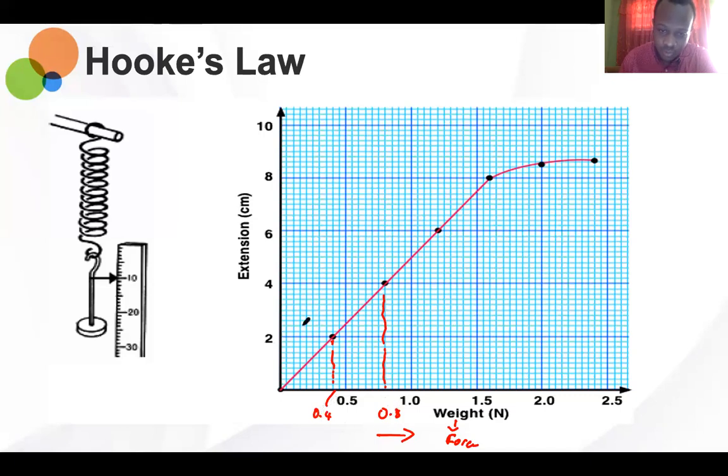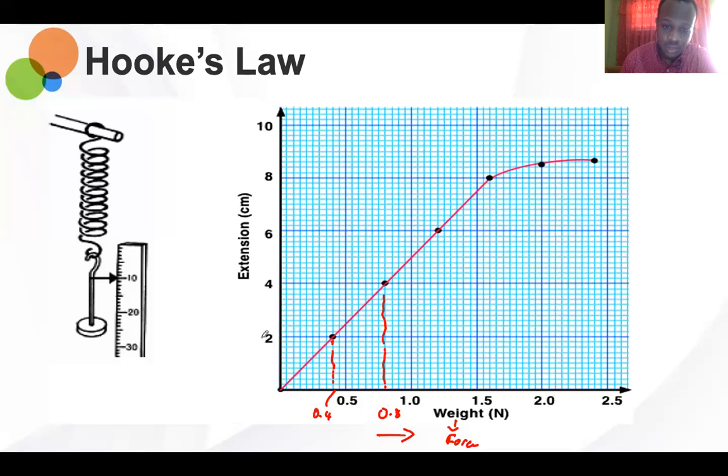So at 0.4, our extension is 2 centimeters, right? Yes, sir. And then when we increase it to 0.8, what happens? It will go to 4. It will go to 4, so it doubles.